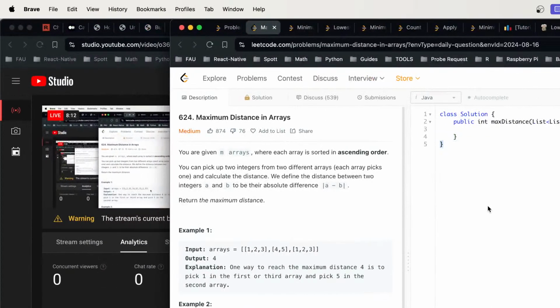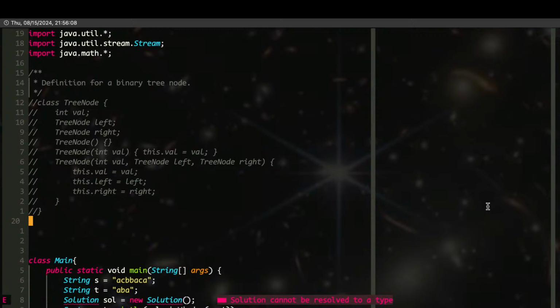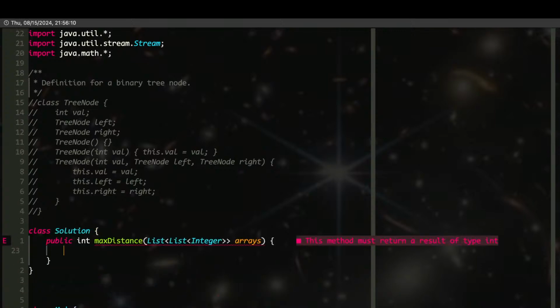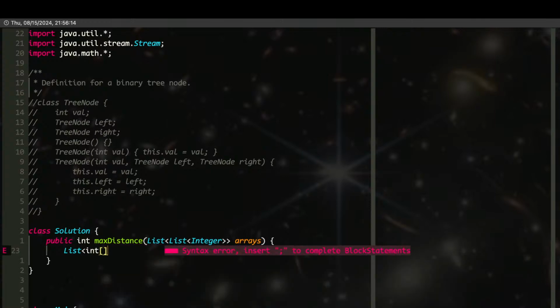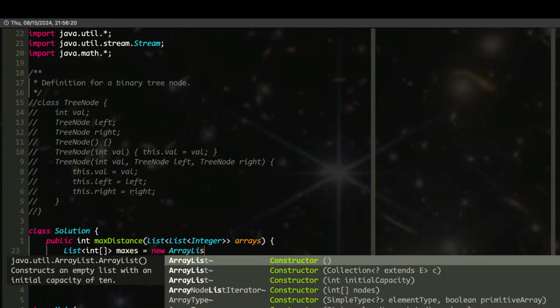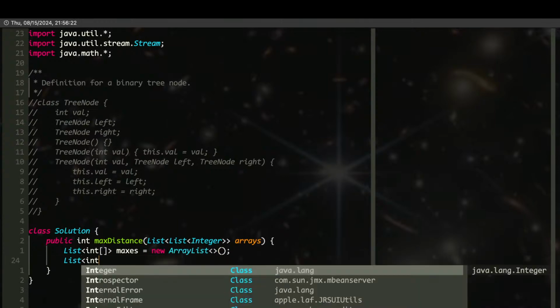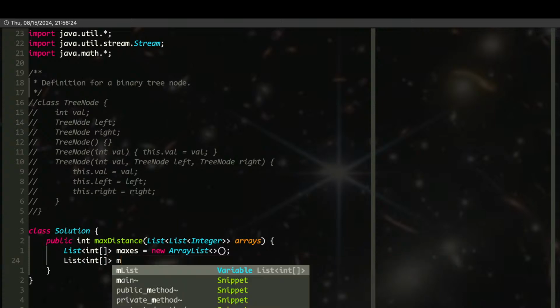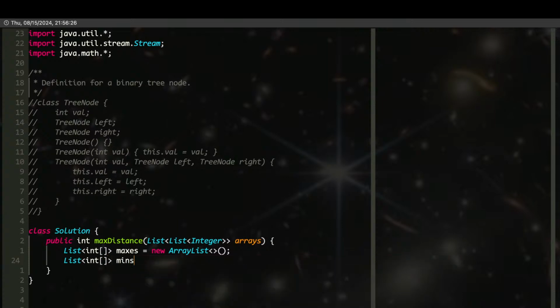So all we need to do now is create two lists of int, maxes and mins.